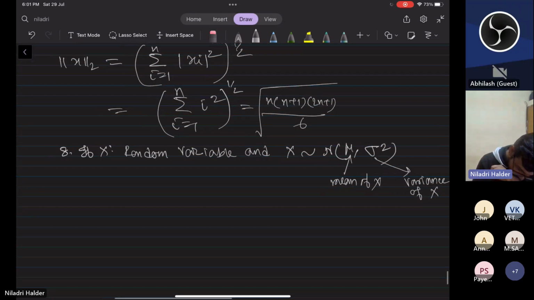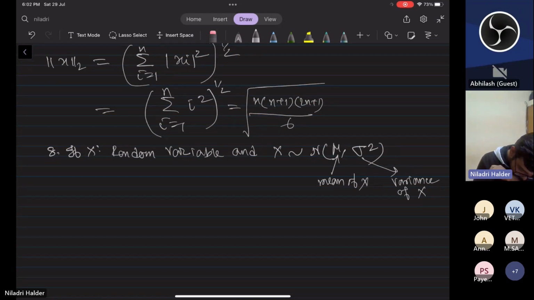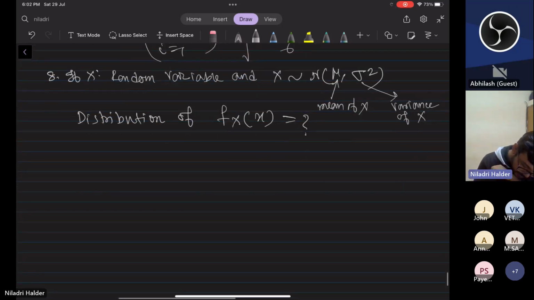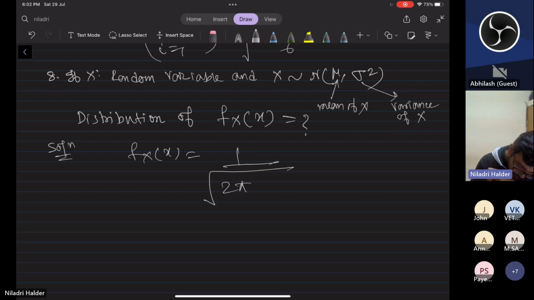So then we can write down the distribution. What is the distribution? The distribution is 1 by root over 2 pi sigma square, exponential of minus (x minus mu) whole square by 2 sigma square.